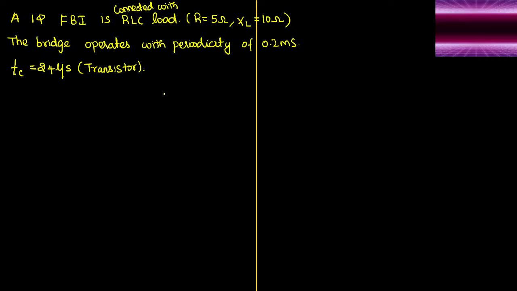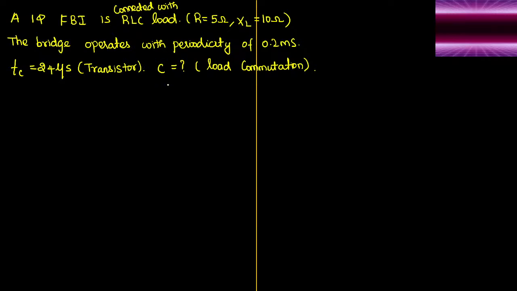The suitable value of C: find the value of C such that the circuit will be in load commutation. What can be the expected value of C such that the resultant commutation will be in load commutation?